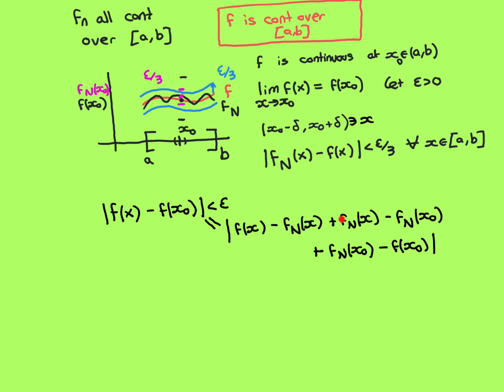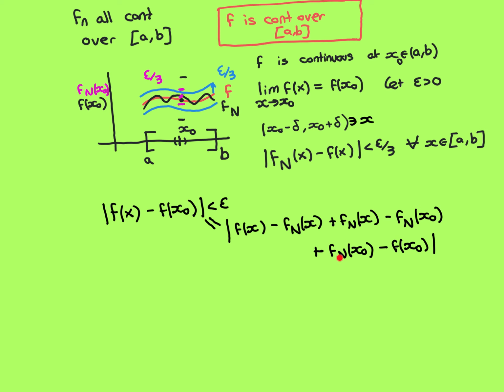Therefore, the modulus of the difference between f big N evaluated at x and f big N evaluated at x0 can't be epsilon over 3, it's strictly less than epsilon over 3. It's a non-negative number that is strictly less than epsilon over 3. So that bit I also can curtail.